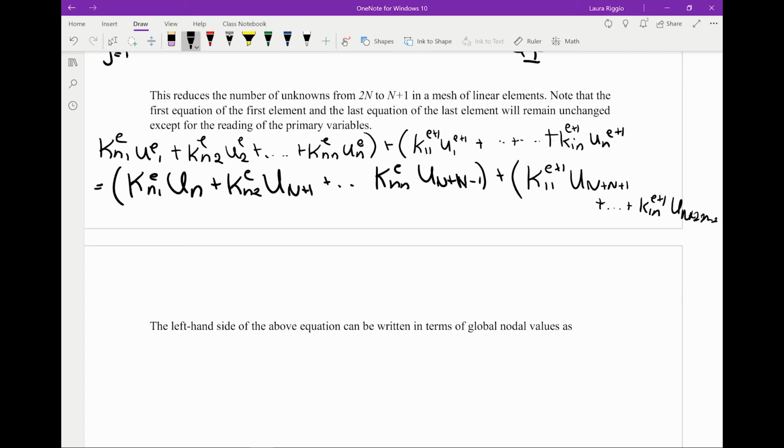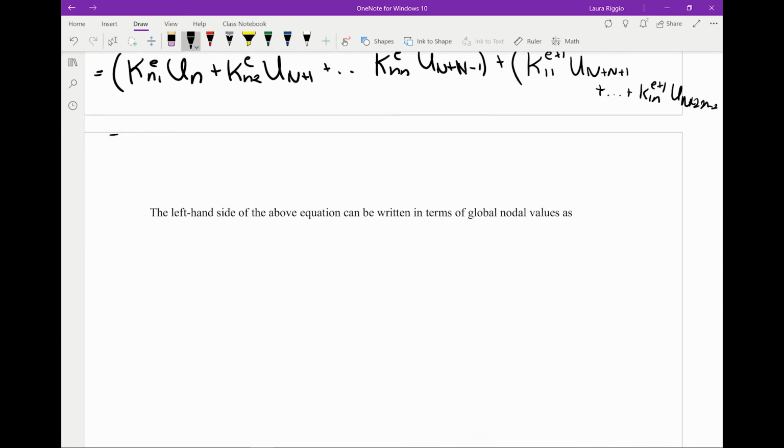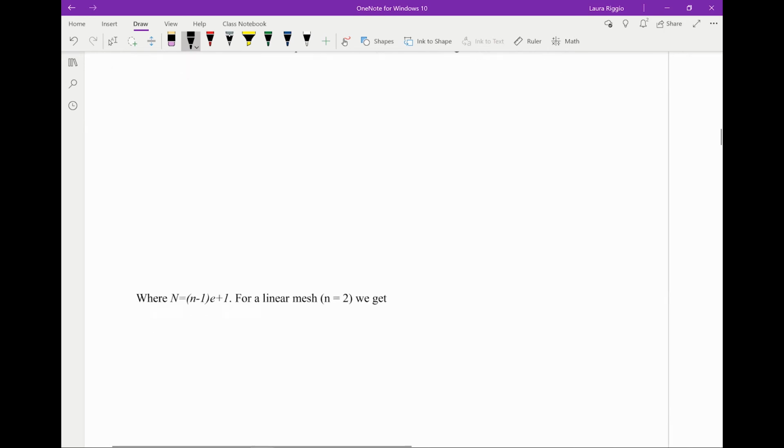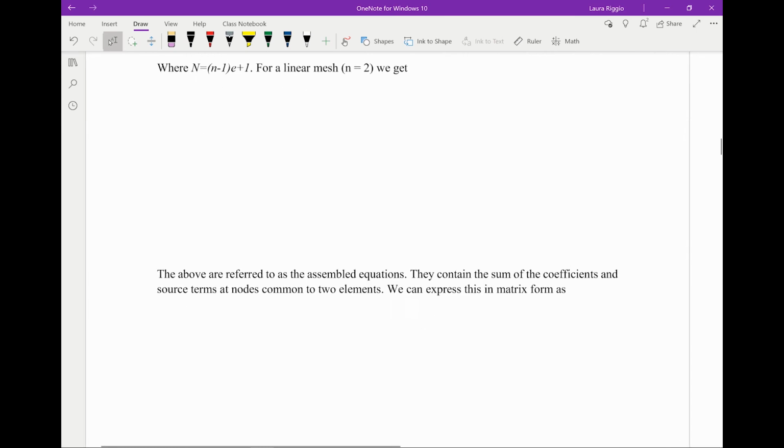So what does this big, long, nasty equation get me to? Because there's also a Kn1. If I was to group some like terms together, I would have Kn1 Un plus Kn2 Un, and so on. I would have a big, long equation. So what's this going to get me to?